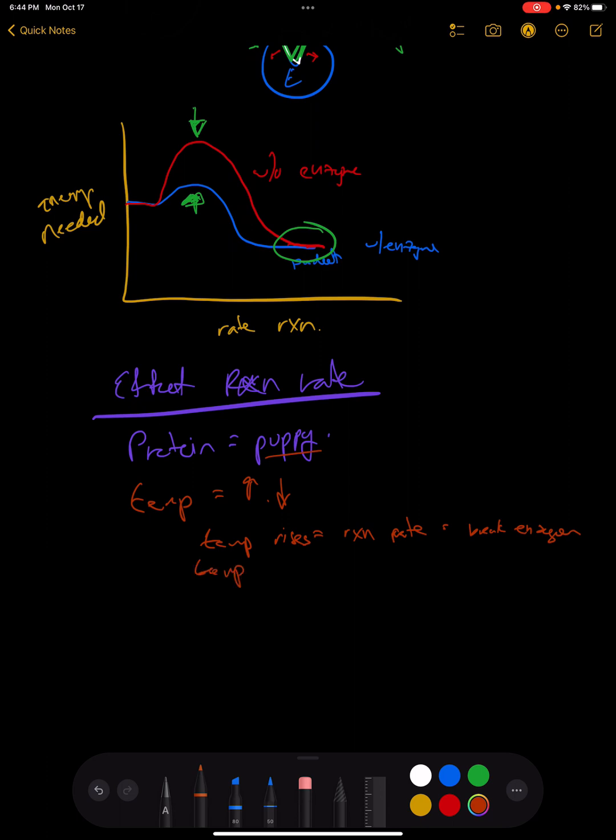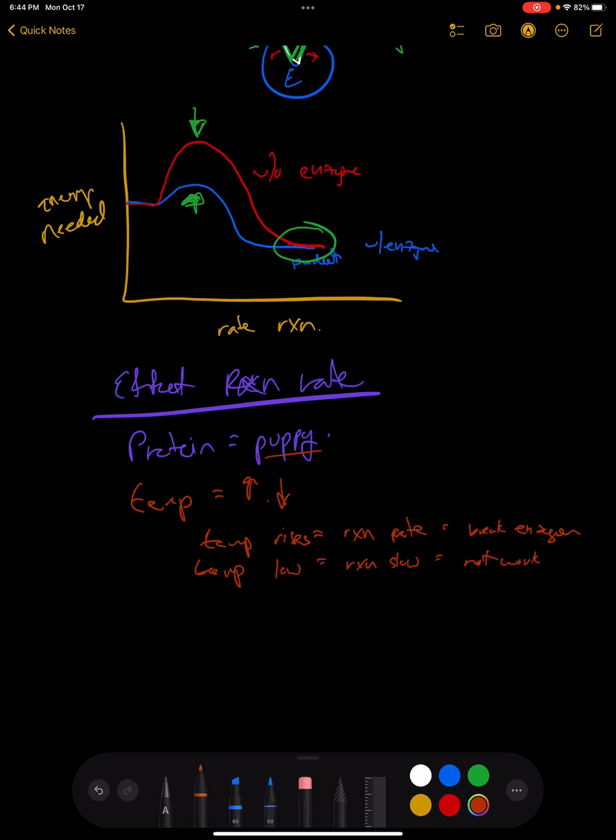If the temperature gets too low, then the reaction rate can slow down, but it can slow down so much that it's going to make the enzyme not work at all, right?